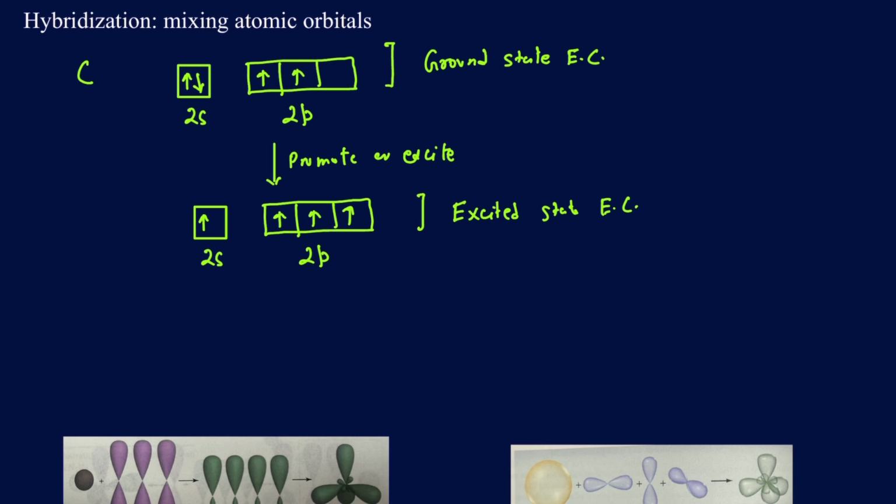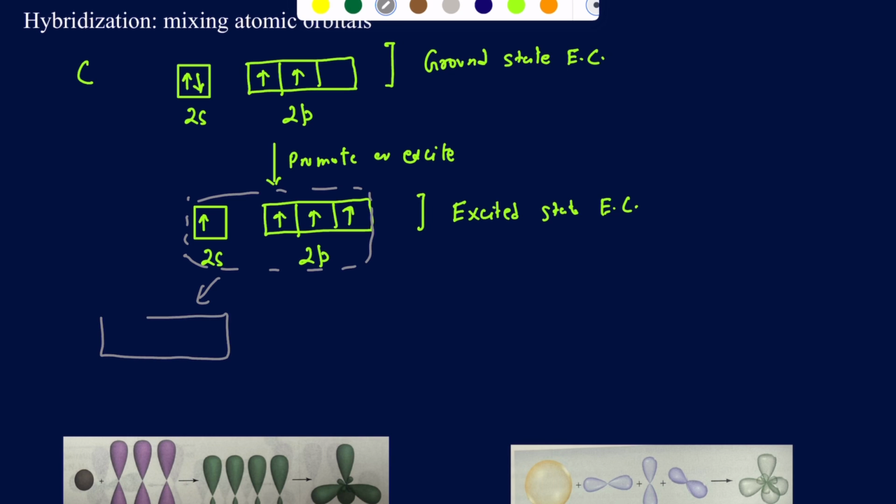If I mix all of them, then I get a set of four orbitals, having one electron each, and we call those sp3 hybrid orbitals in this case.